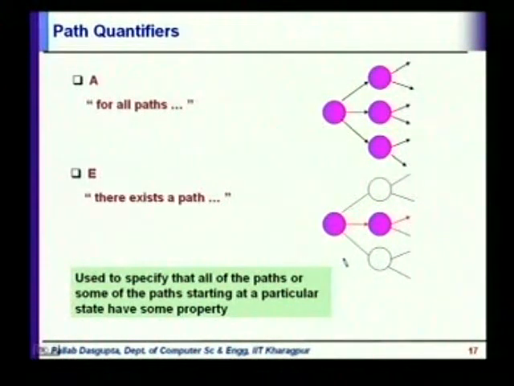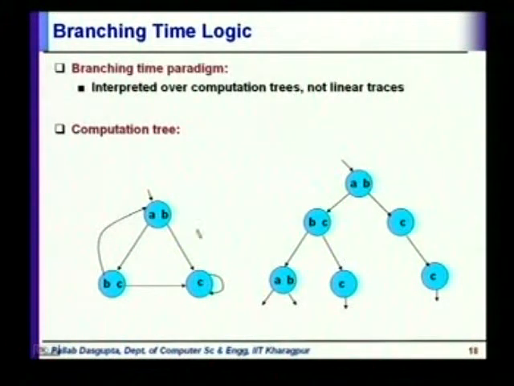So this kind of logic that we are talking about now is called branching time logic, as opposed to what we studied earlier, which was linear temporal logic, that was linear time logic, right? The linear time logics are interpreted over paths, branching time logics are interpreted over what are called computation trees. Okay, they are interpreted over trees.